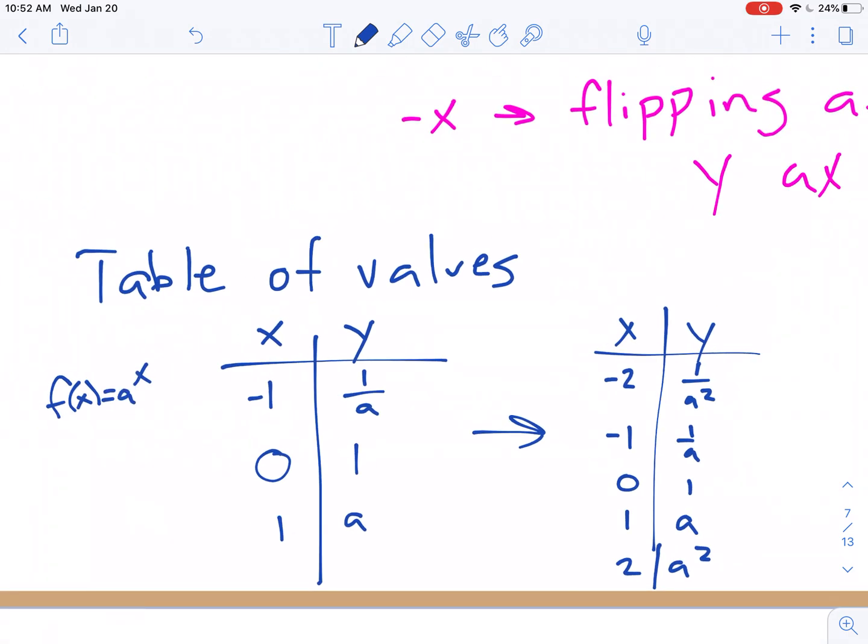You could make it longer like that, but I really don't need you to go crazy here. Let's just think of the basics of what an exponential function is and the basics for my table of values when I start applying my transformation. So I have this f of x is equal to a to the x, so when I have my basic table of values, I've got x is equal to -1, y is 1 over a, x is equal to 0, y is equal to 1, x is equal to 1, y is equal to the a value.